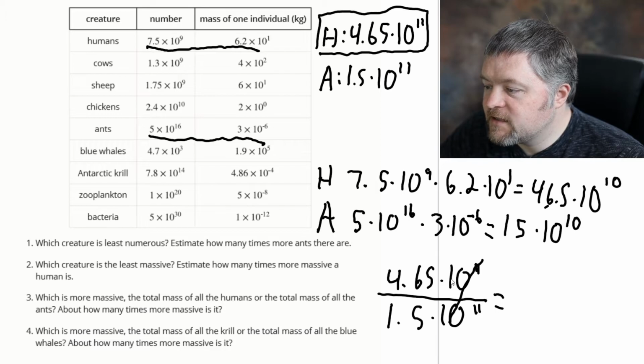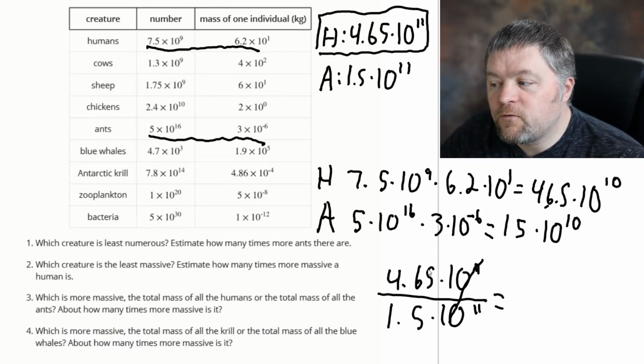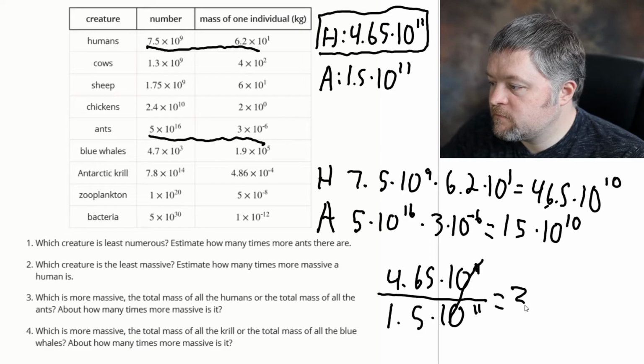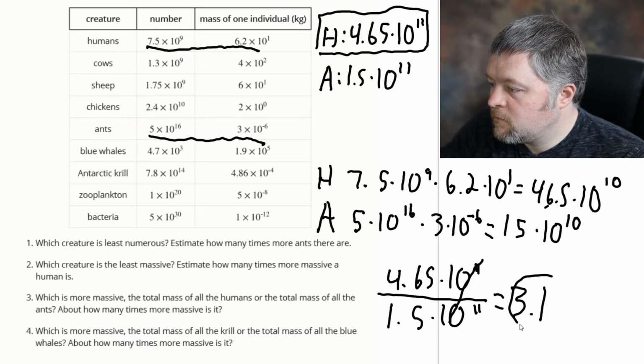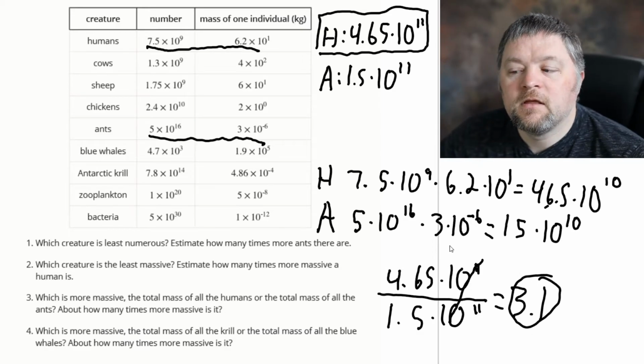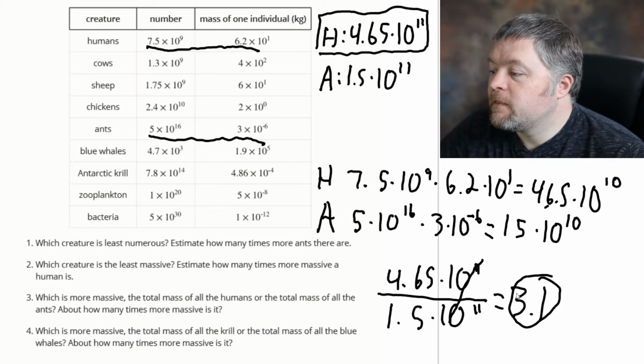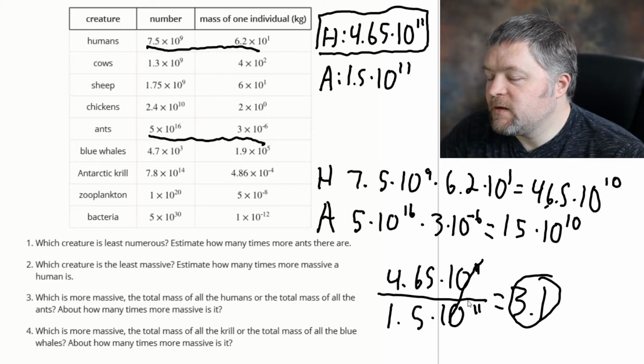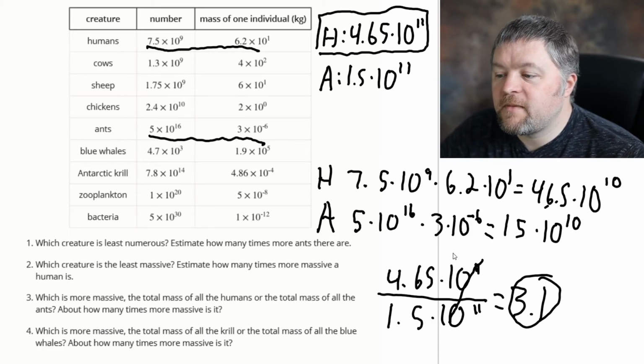So those cancel out, and we're left with just 4.65 divided by 1.5, which is 3.1. The mass of all the humans on the planet is 3.1 times greater than the mass of all of the ants on the planet.